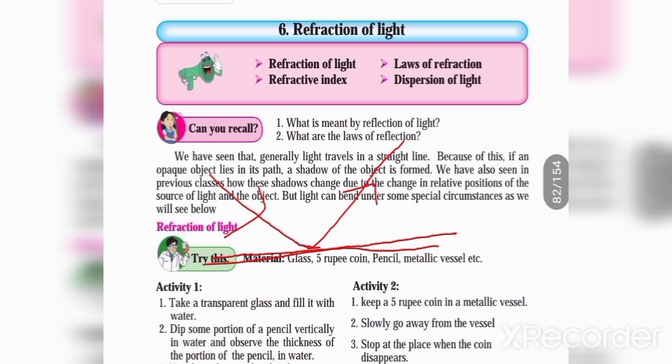The definition can also be given as: when a ray of light approaches a smooth or polished surface and the light ray bounces back, it is called the reflection of light. That is the answer to this first question.